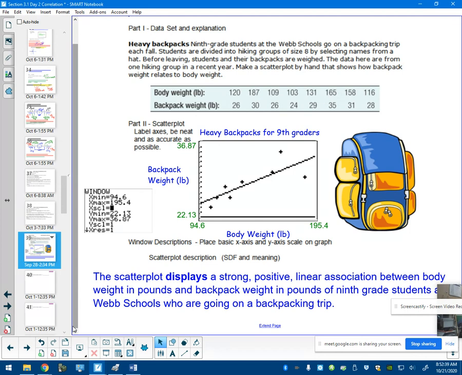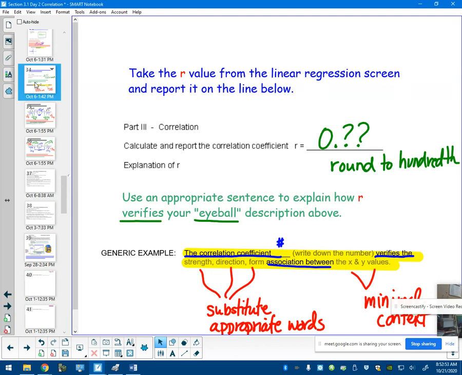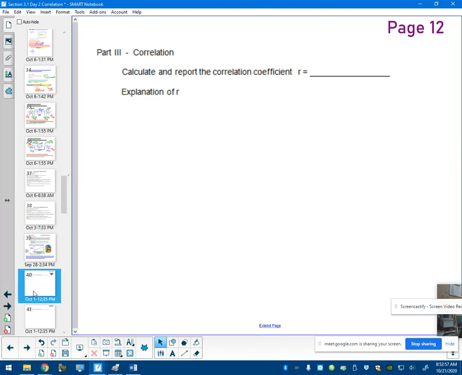Okay, so we did part 1 and part 2 yesterday. Today we're gonna fill in part 3, the correlation coefficient and the explanation of it. So if I'm using this sentence right here, I can start at the very bottom of page 12, I can start my sentence. And you shouldn't misspell this because it's right here for you.